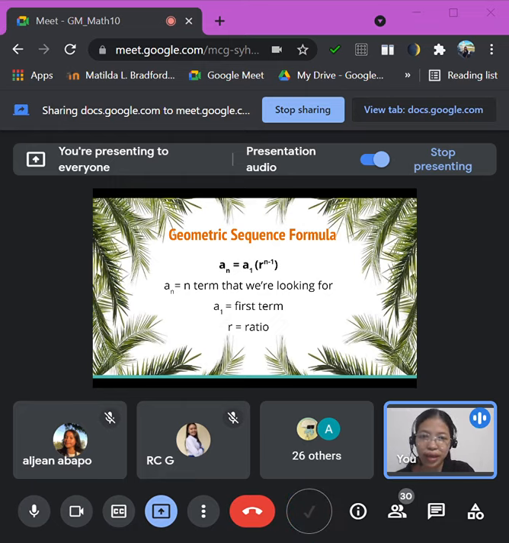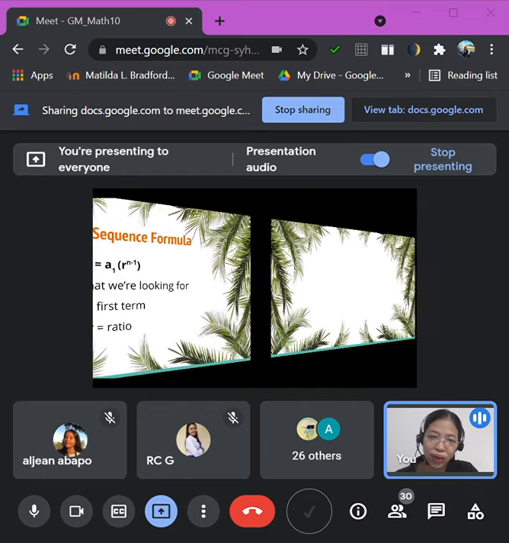So don't forget the formulas, class. Para dili mo maglibog, you can write them in one notebook, tanan formula. It is very helpful para dili na mo magsigig scan sa mga slides.